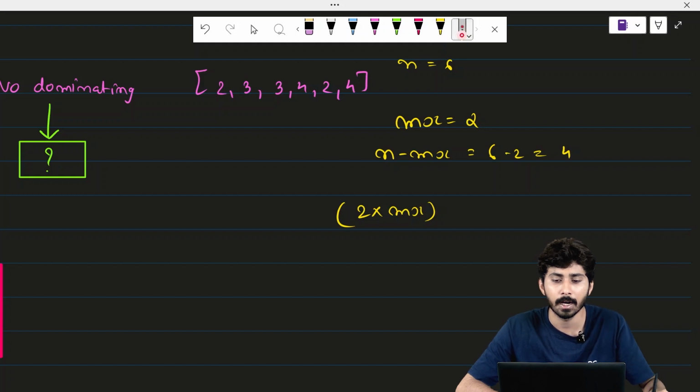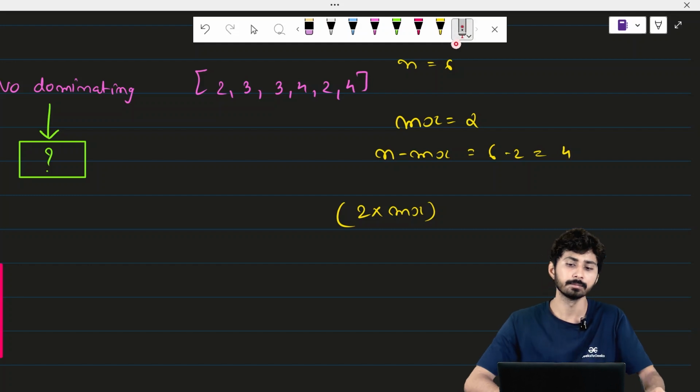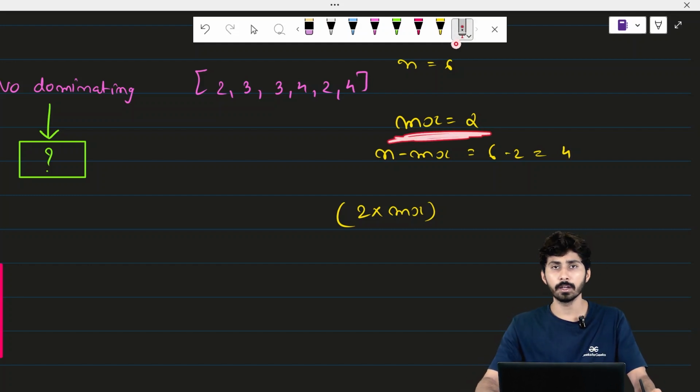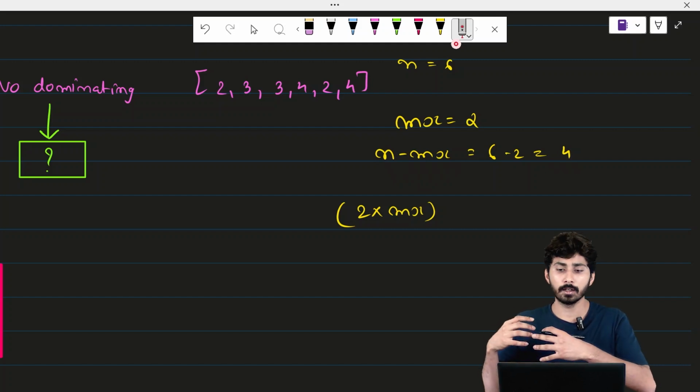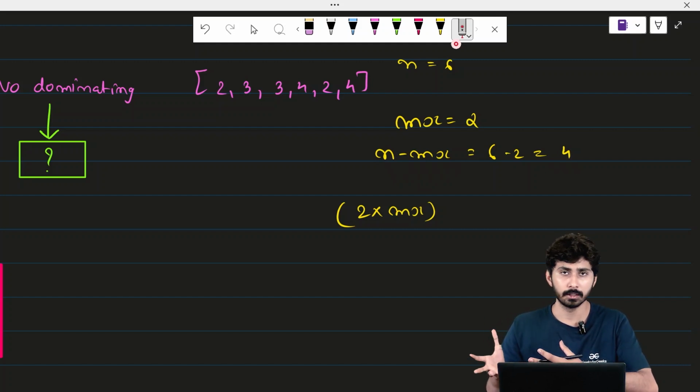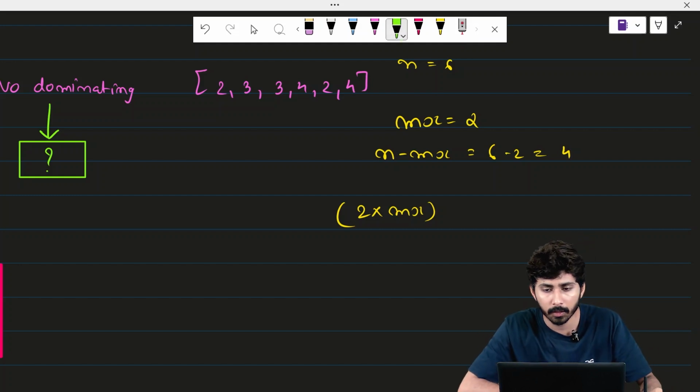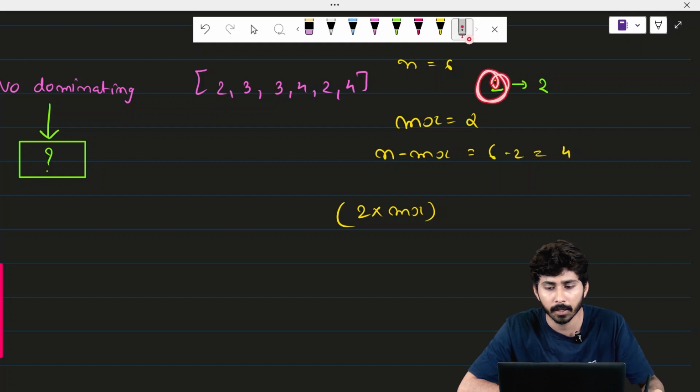What I'm focusing on here is that this is the dominating number which I found, but for n minus mx, the remaining numbers are many, and I'm calling this number the dominating number, whose frequency is 2. So if I want to pair this 2, I can take two elements from these, so I'll get 4 pairs, right?